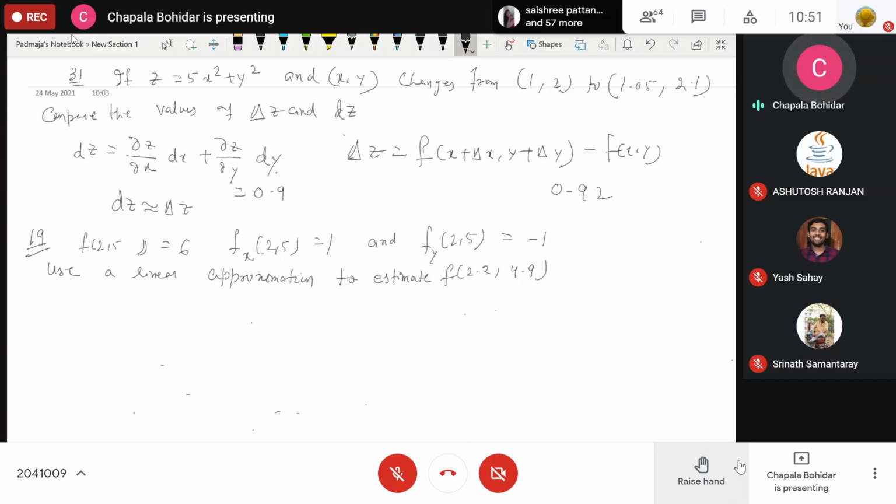Try to do, then I do. We try first. What is the value of L of xy we are getting? Linear approximation means f of xy, L of xy is equal to, find out. I'm writing the formula only.